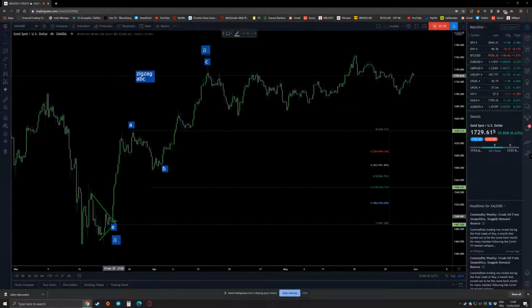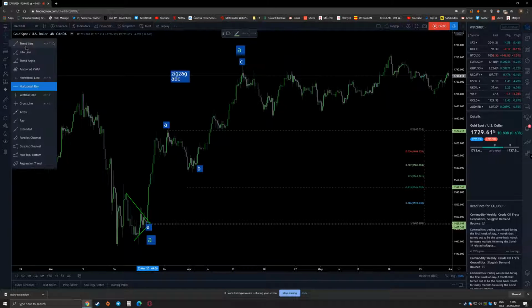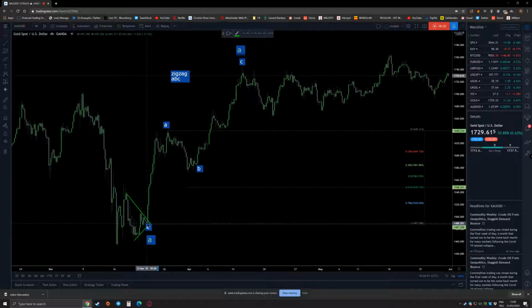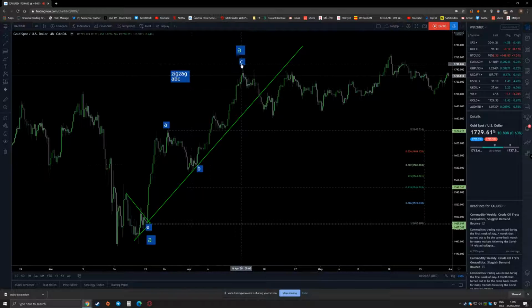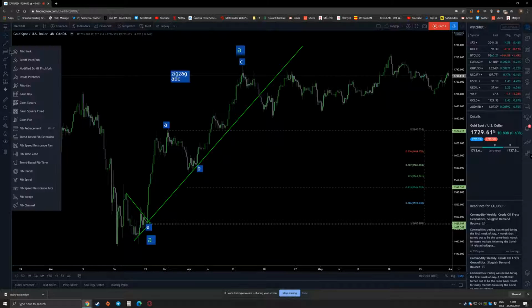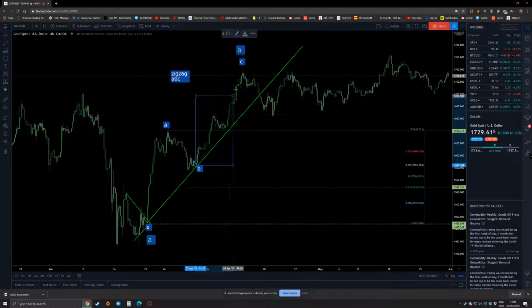To understand this, we should draw this 0 to B trend line. This 0 to B trend line is very important, because if the price action after wave C is done breaks this and comes back to the level of B in the same time as wave C took to form, then we have a simple correction like this.